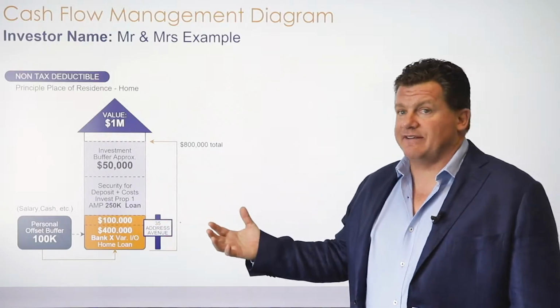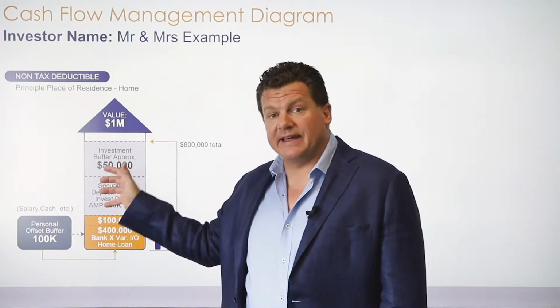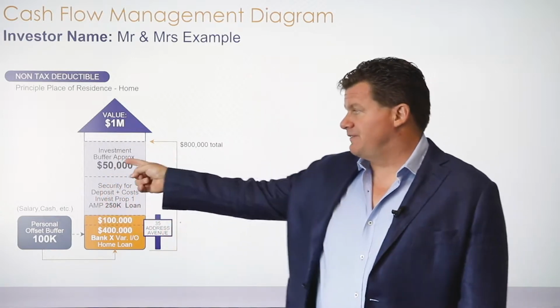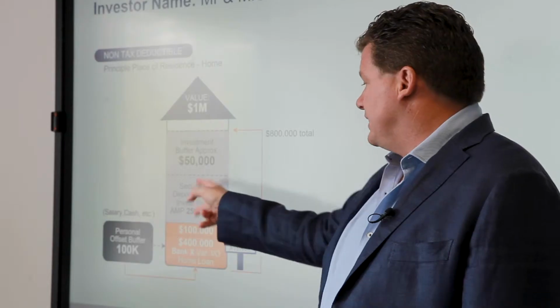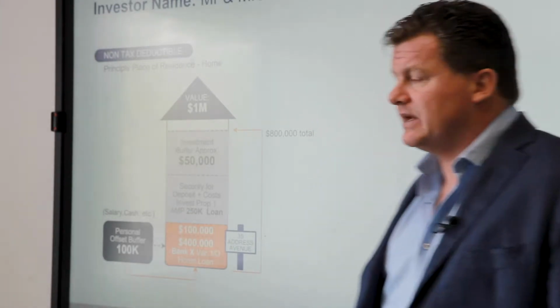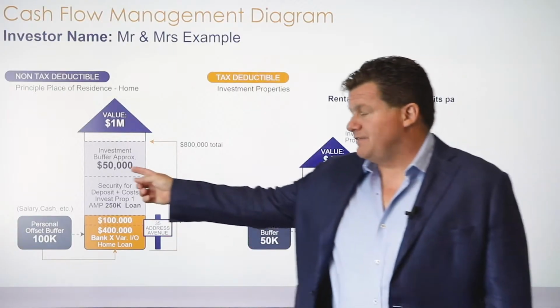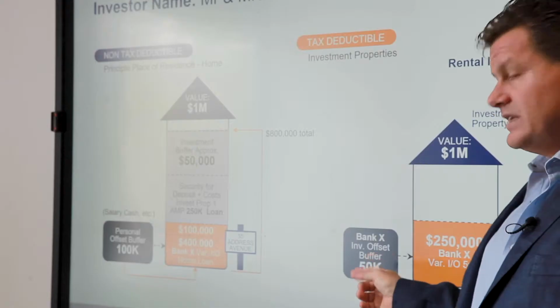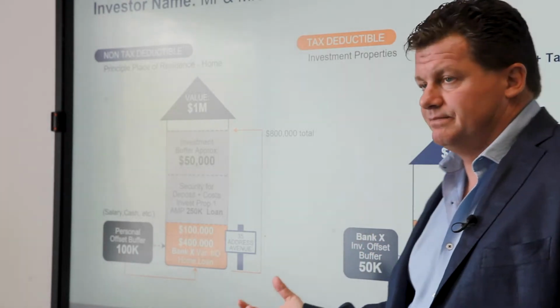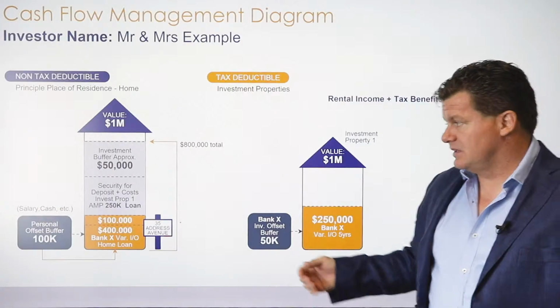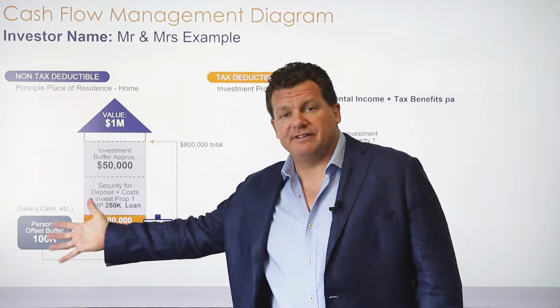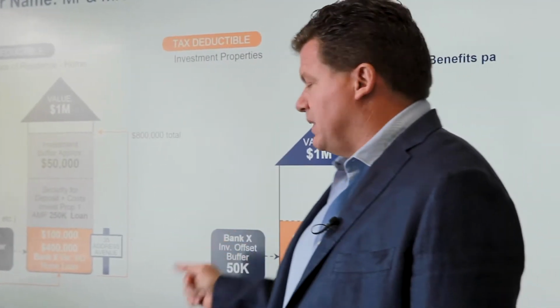So what might we use that for? Well, if we split that 300 into a $50,000 amount and a $250,000 amount, the $50,000 we can use as what we call an investment buffer. So now we have 2 buffers. One we call the personal buffer and one we call the investment buffer.